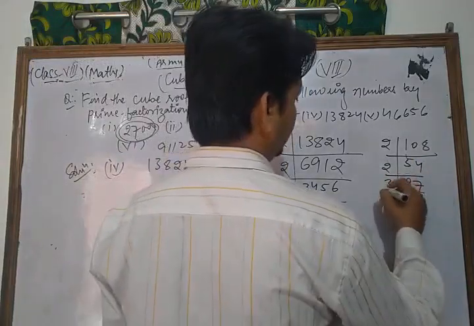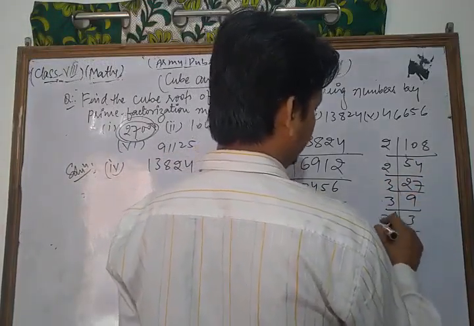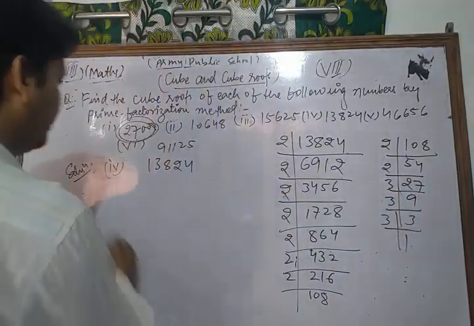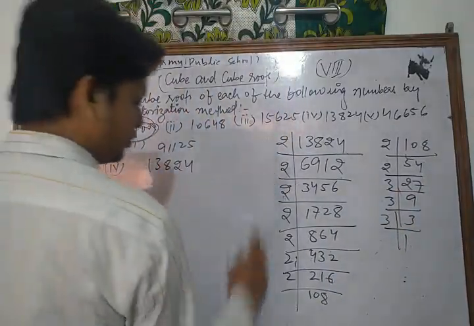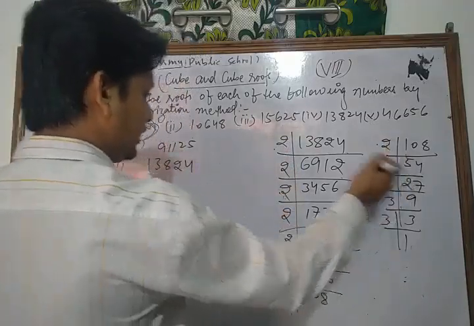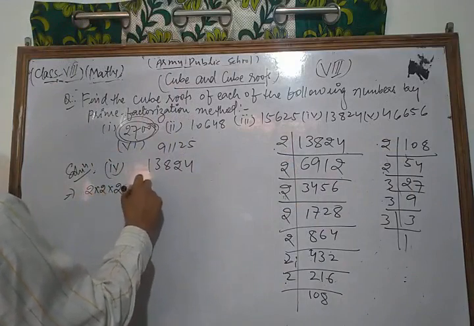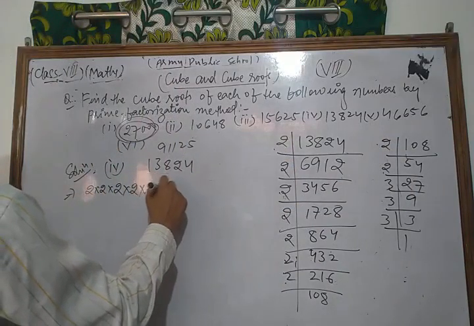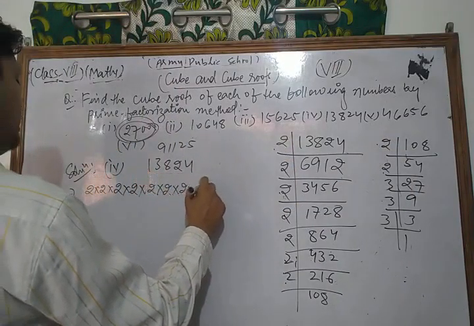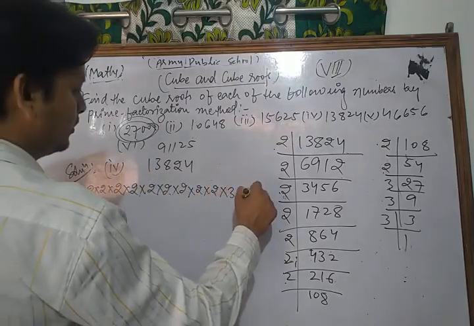Now 3 3s are 3, 3 9s are 27, 3 3s are 9, then 3 1s are 3. So in this way we get the prime factorization of this as 2 nine times, into 3 three times.